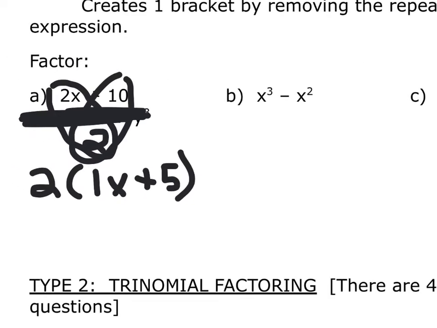Looking at question B, you're going to look at how many exponents you can take out if it's a common variable, okay? So in this above question, what would be common between the two? X. How many can you take out? 2. Okay?